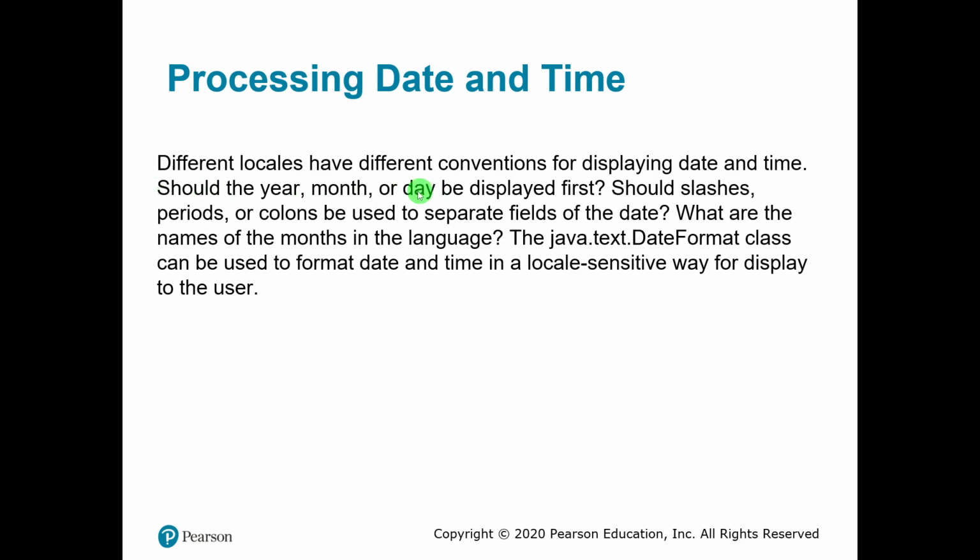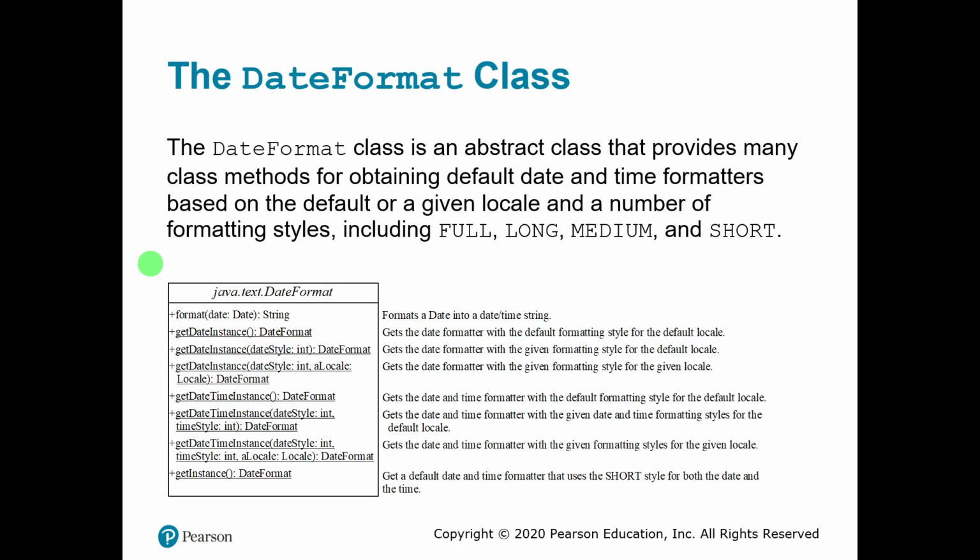Should we use slashes and periods or colons to separate the fields of the dates? What are the names of the months in the language? Are they in Spanish? Are they in English? The DateFormat class is something we can use to format it based on the locale that the person is in. The DateFormat class is an abstract class.